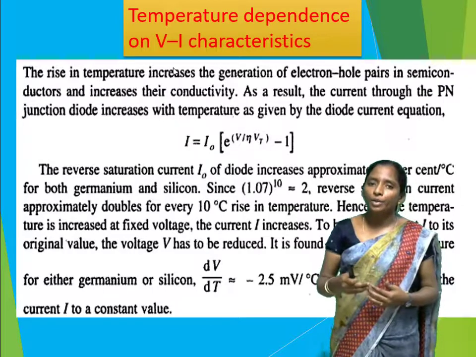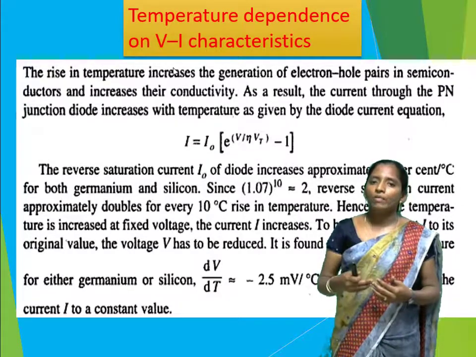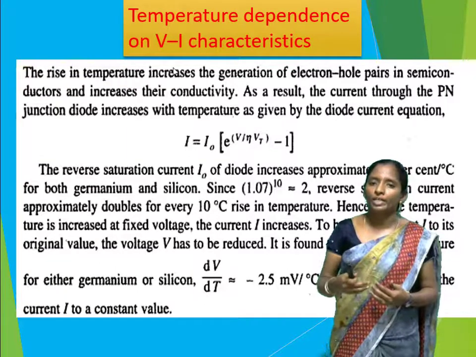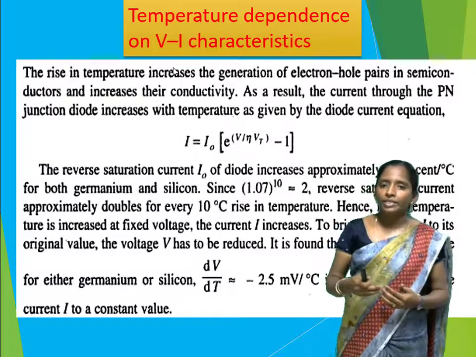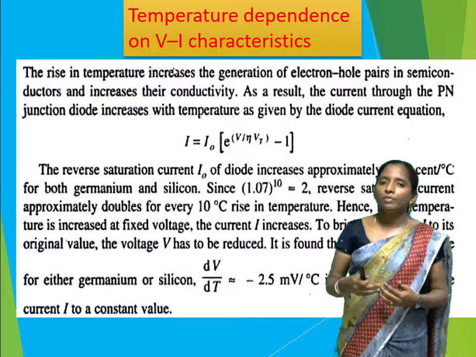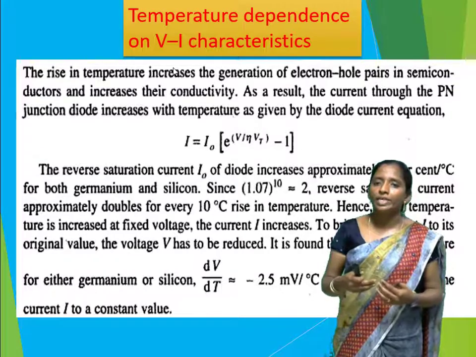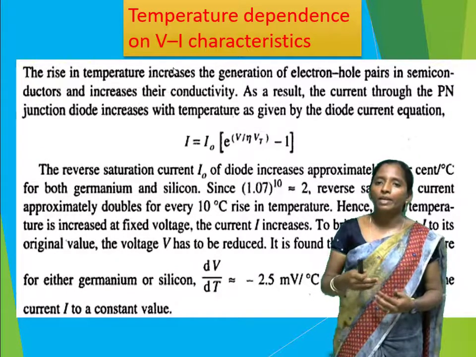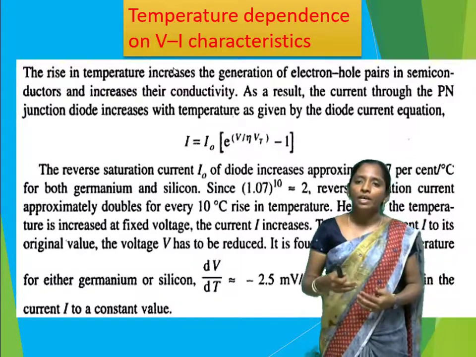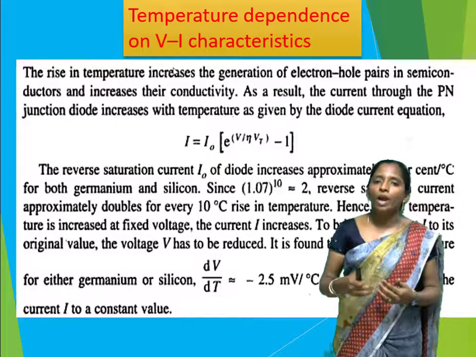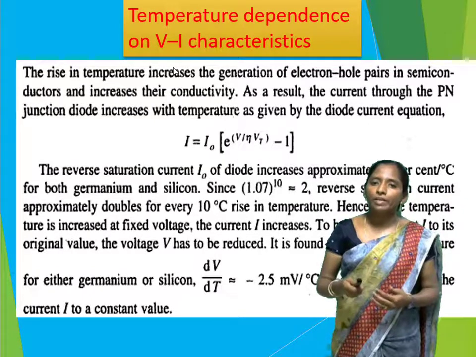To bring the current to its original value, we have to reduce the applied voltage V. It is found that at room temperature, for either germanium or silicon, the change in voltage with temperature is minus 2.5 millivolts for every degree centigrade. Here the voltage is decreasing with temperature, but the current is increasing with temperature. So in order to reduce the current, we have to reduce the applied voltage.